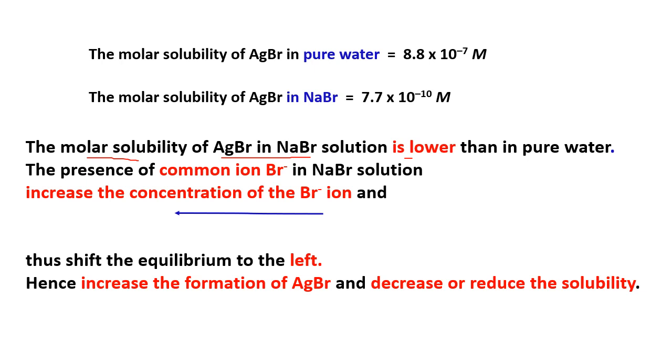Because the presence of the common ion Br- in the sodium bromide solution increases the concentration of bromide ion, and more bromide ion will react with the silver. Thus, the equilibrium will shift to the left. Hence, it increases the formation of silver bromide and reduces the solubility.